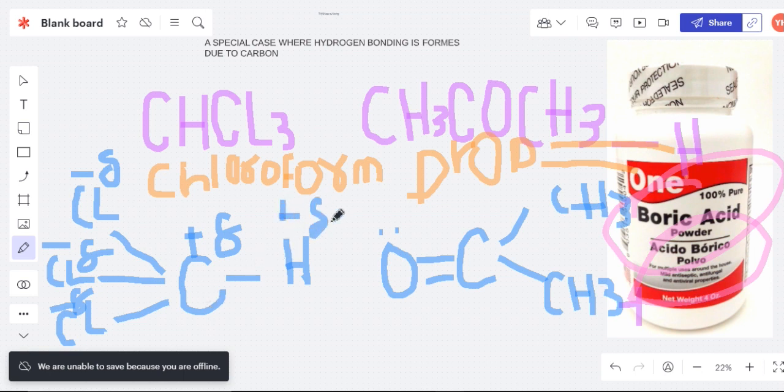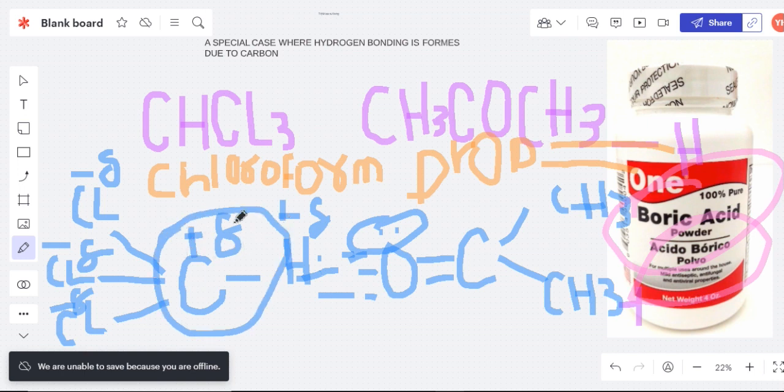When hydrogen gains this charge, the hydrogen wants electrons, and this oxygen gives its lone pair to this hydrogen, due to which they create a hydrogen bond in between them. So here the hydrogen bond is formed just because of this carbon, which becomes electronegative when the chlorine attracts the shared pair of electrons toward itself, due to its high electronegativity, right? So this is a special case where carbon acts as the reason behind hydrogen bonding.